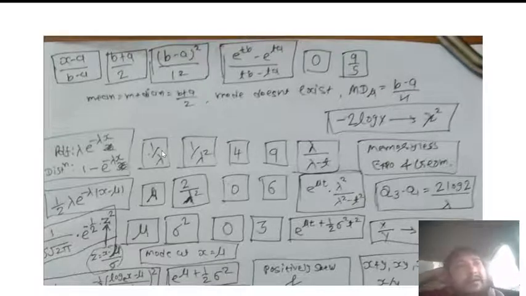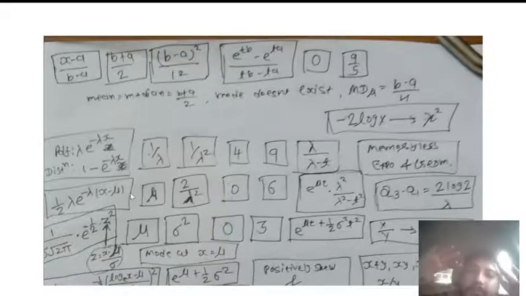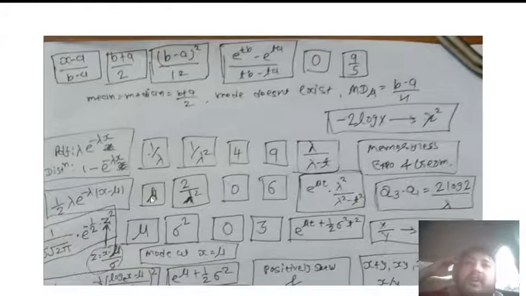While mean is 1 upon lambda in the exponential distribution, the double exponential distribution has one more parameter. Exponential distribution has only one parameter, lambda. Double exponential distribution has two parameters, lambda and mu. So, mean is mu, just like the normal distribution. Mu is the mean of the normal distribution, and also of the double exponential distribution.